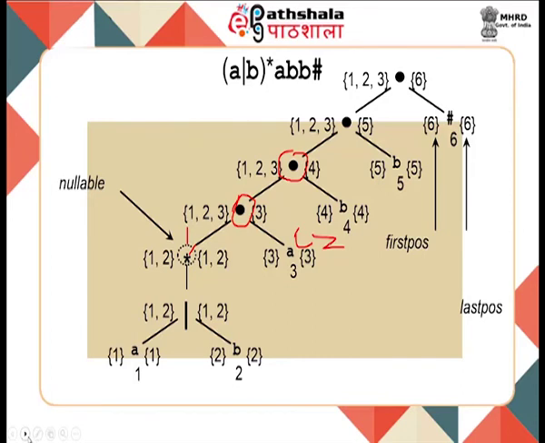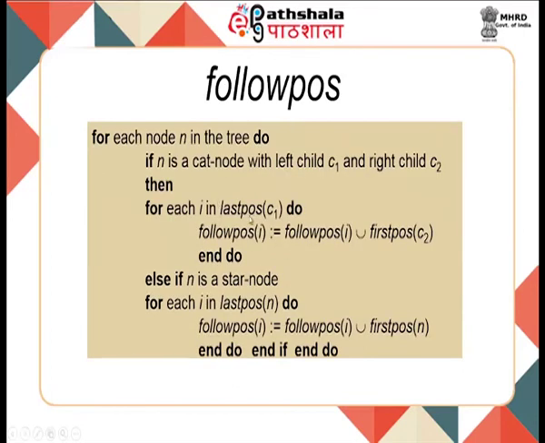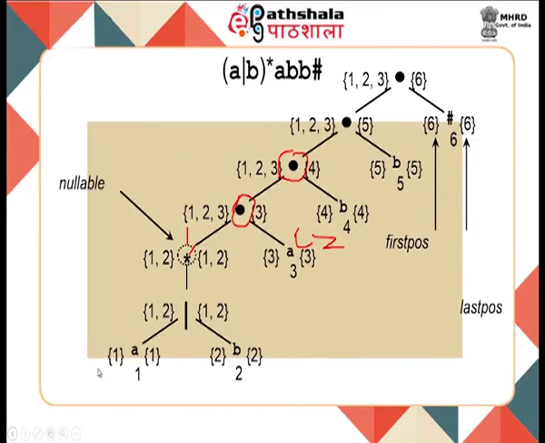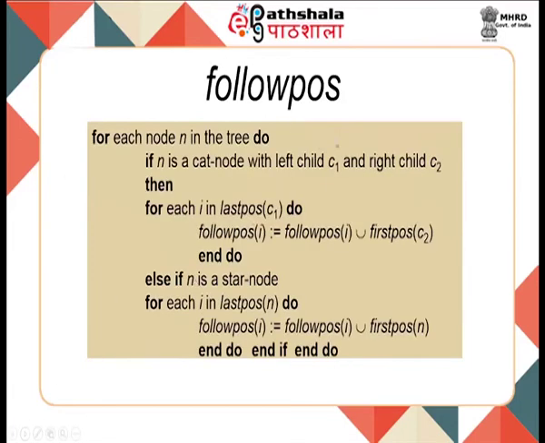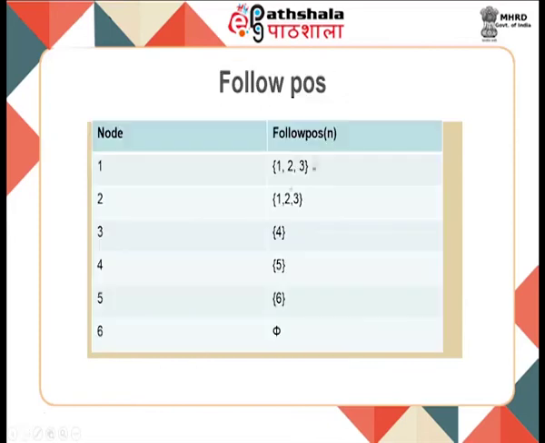I is available in last position of C1. So C1 has got 1, 2 as last position. So follow position of 1 and follow position of 2 will definitely have first position of C2, which will definitely have 3. So that is what I have got here, will definitely have 3.